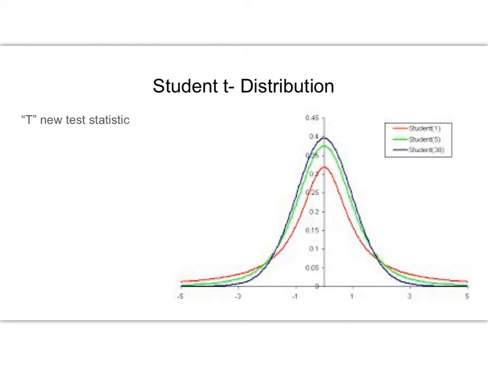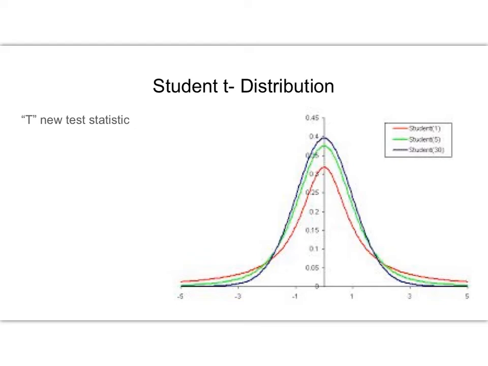looks very much like a normal distribution, except that it's a family of curves. It's not one single curve. If you look here, there are three different curves. Actually, there's a whole bunch of different curves. So this blue one here is very similar to a normal curve, and that's when I have a sample size of 30. This green one here is almost a normal curve, but if you look, it's a little flatter at the top and a little higher at the bottom.